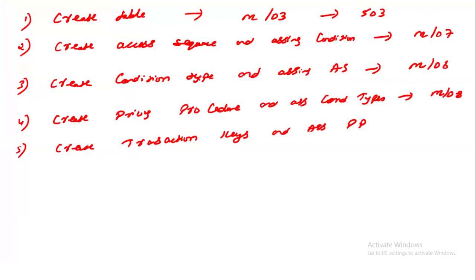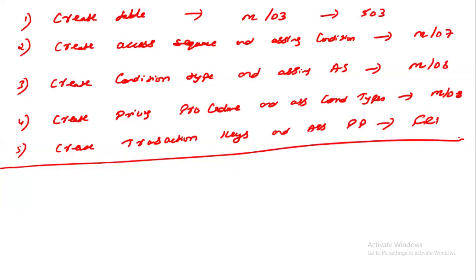We are using standard PV00, PVXX. We created the discounts. We created the freight, tax, everything. Then we assigned everything in a condition pricing procedure. Then I said we need to create a transaction key and assign. We used FR1, which was standard.